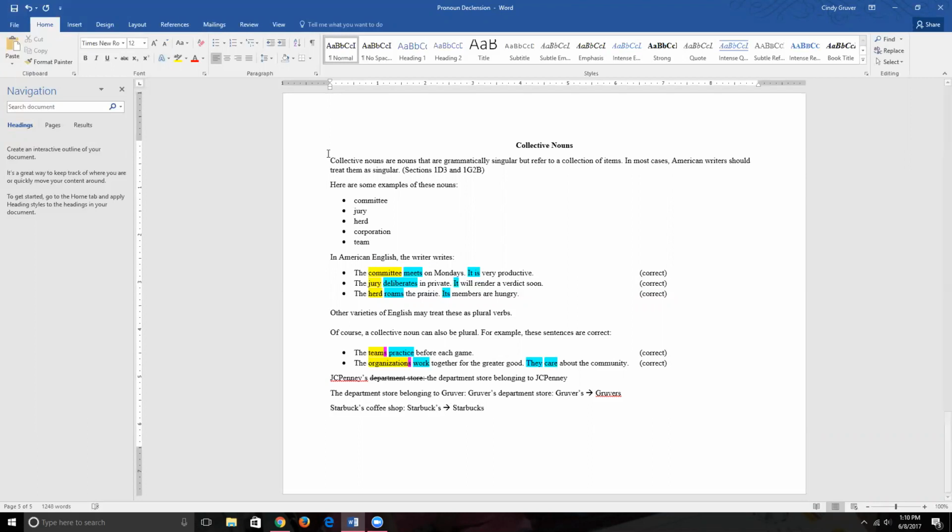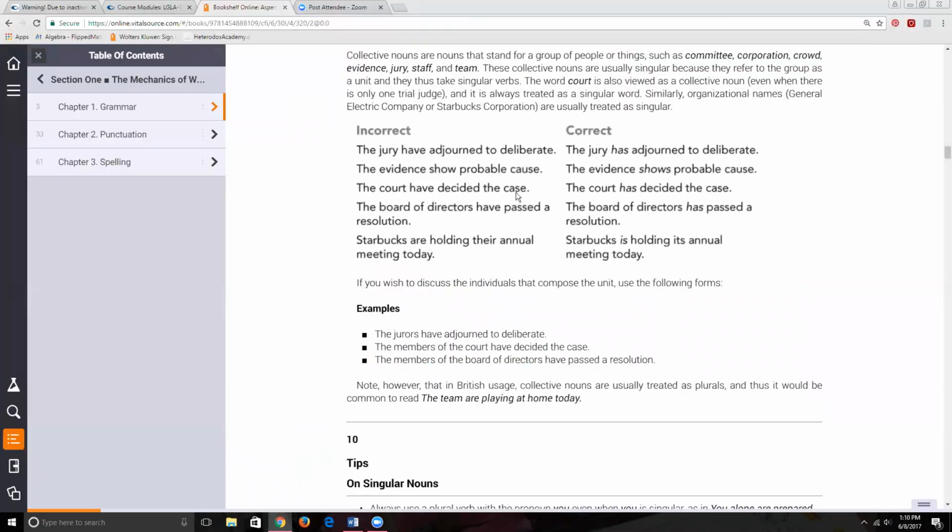It didn't mean that we're talking about two of the Starbucks shops. We're talking about the whole company, which is a legal entity, a single entity. We'll assume, I'm not exactly sure how it's organized, but let's assume it's a single corporation. So this S isn't here to mean plural, it's here to mean apostrophe S or possession.